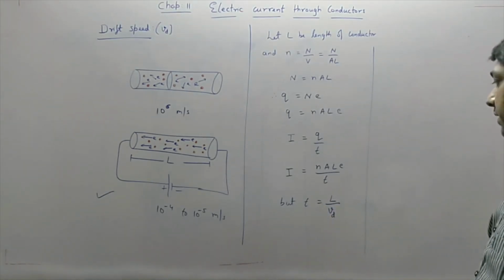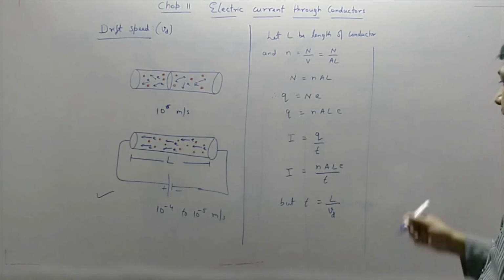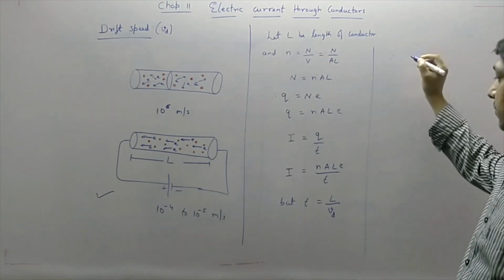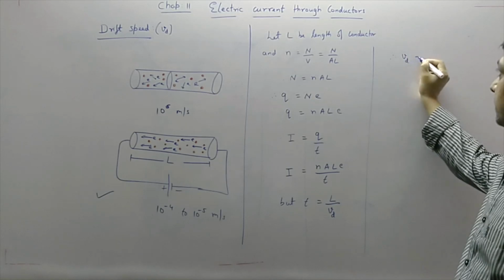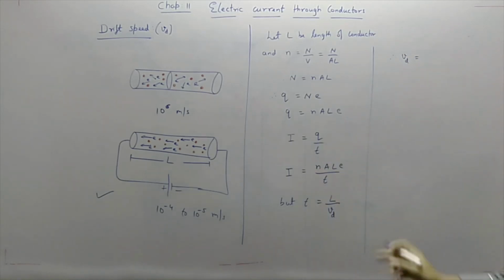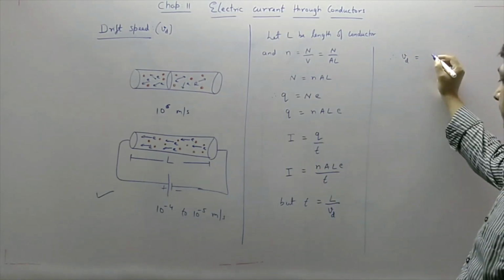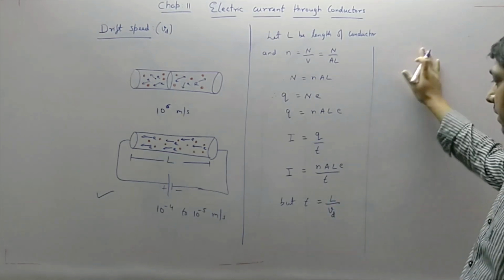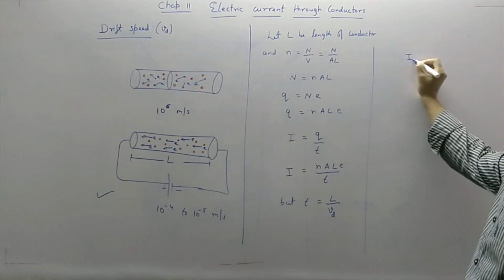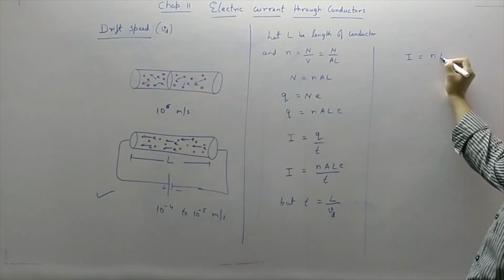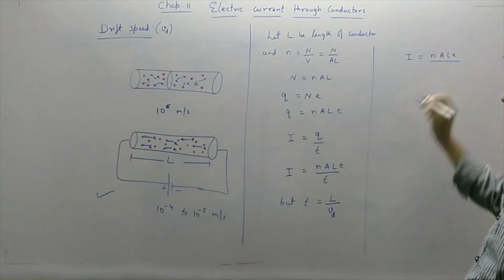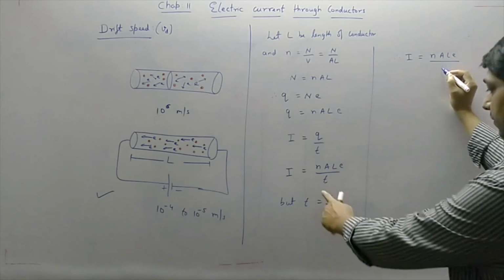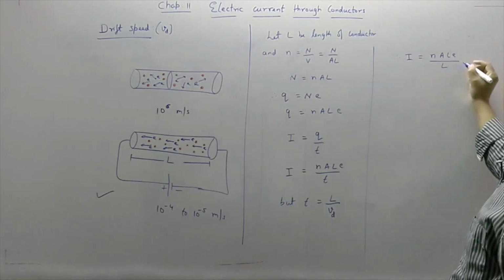So we can write Vd, the drift speed of the electron, as L upon t. So t is L upon Vd, and therefore the current I is nALe upon, instead of time, L upon Vd.